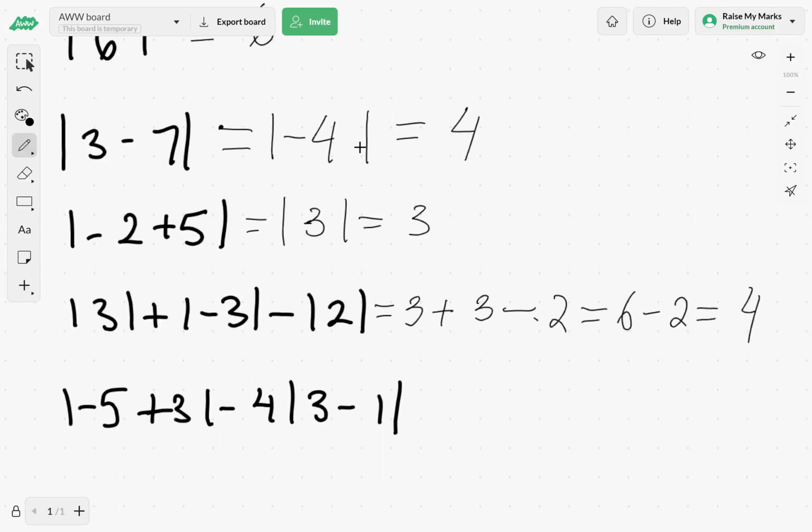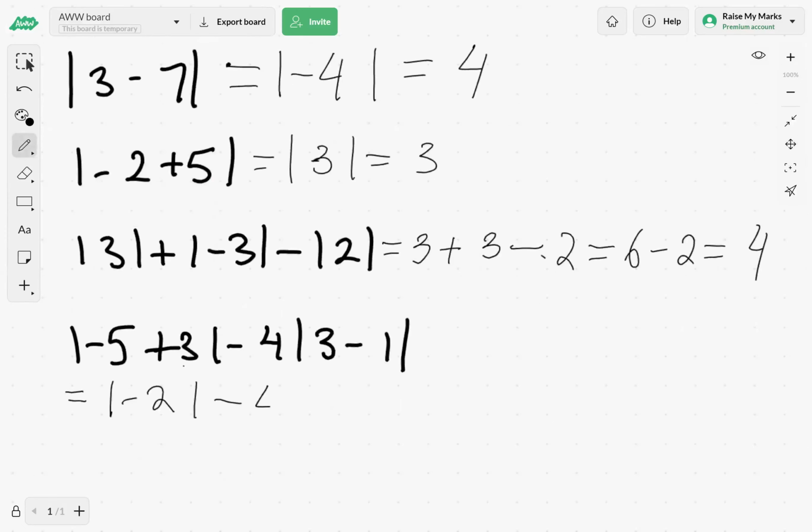All right, one more. We have absolute value of -5 plus 3 minus 4 times absolute value of 3 minus 1. Let's have a look at this. So we're going to work within the absolute value signs first. So consider absolute value signs as brackets. Within the first absolute value signs, we have a -2 minus 4 times, within absolute value signs, 3 minus 1, so absolute value of 2.